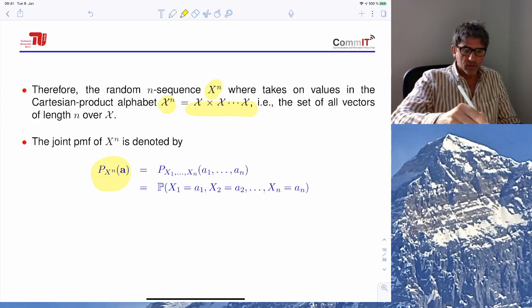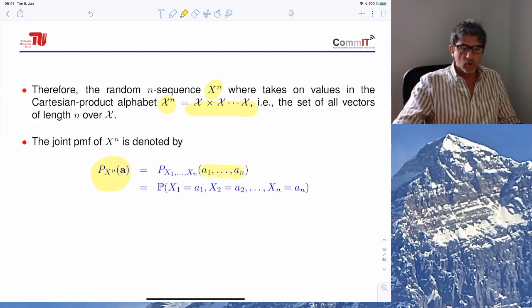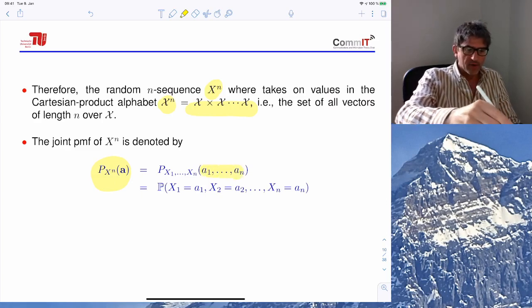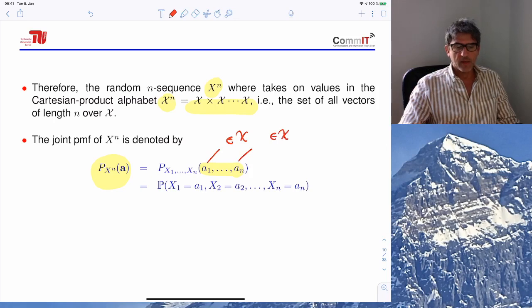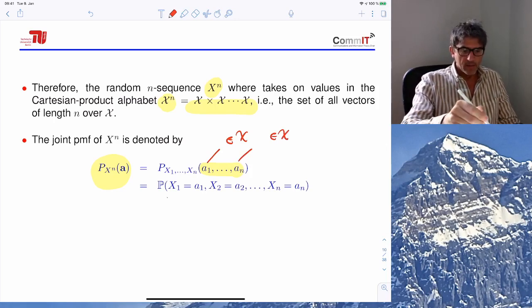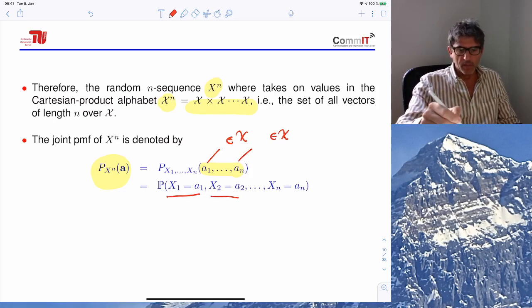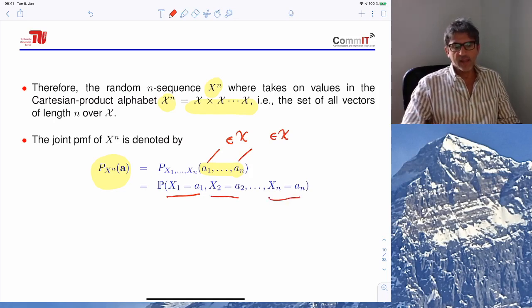Here a is a vector of n components, where every element belongs to the alphabet X. Okay? And this is the probability of the joint event X1 equal to a1 and X2 equal to a2, and so on, till Xn equal to an.